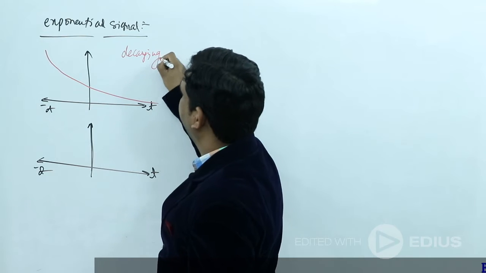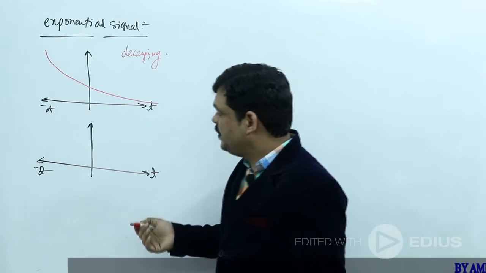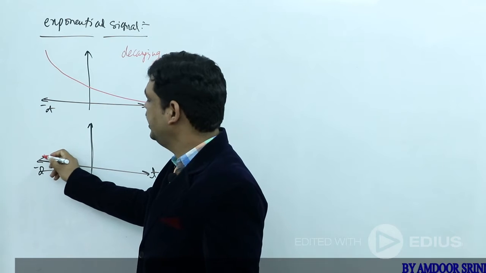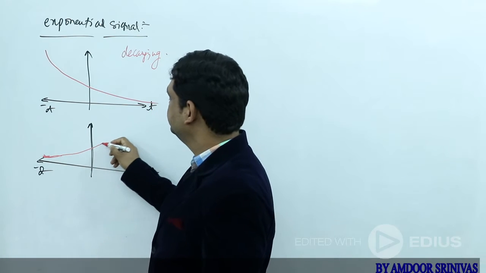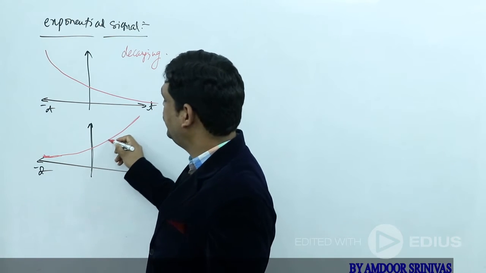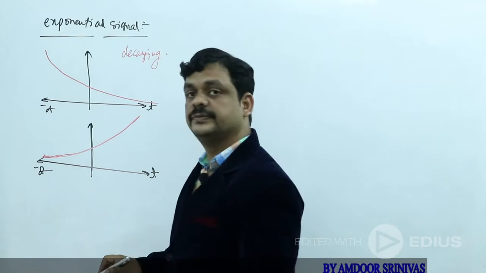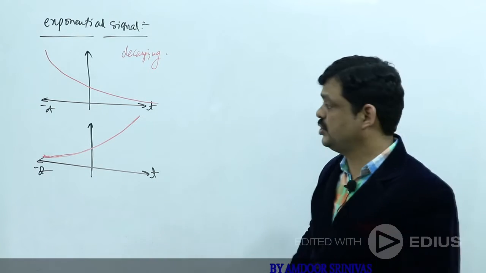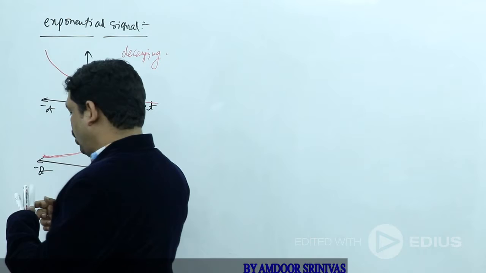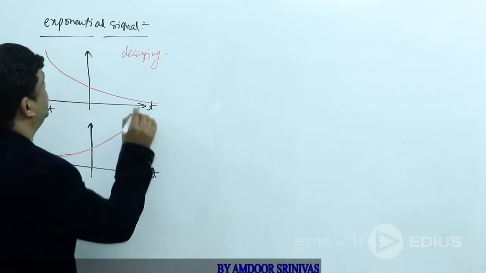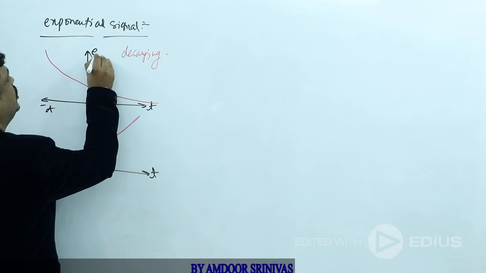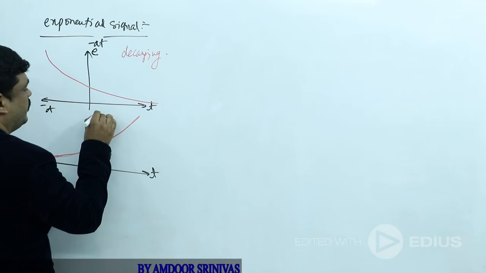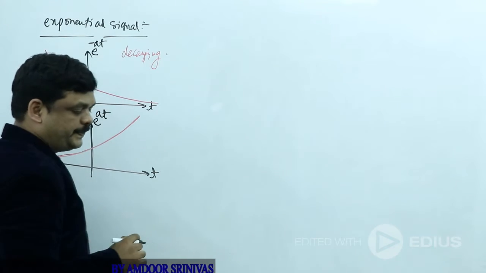So that's why these types of functions are called exponentially decaying functions. Now sometimes the possibility is that with respect to the time axis, the amplitude of the signal increases here, exponentially increases, right? So this type of function is called an exponentially increasing function. To represent all these, we use one standard mathematical equation, that is e to the power of minus at, and e to the power of plus at, right?